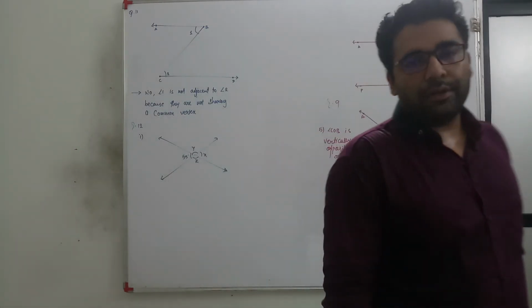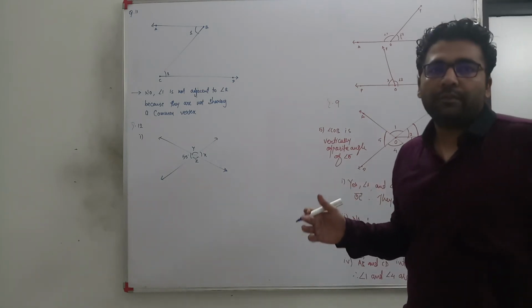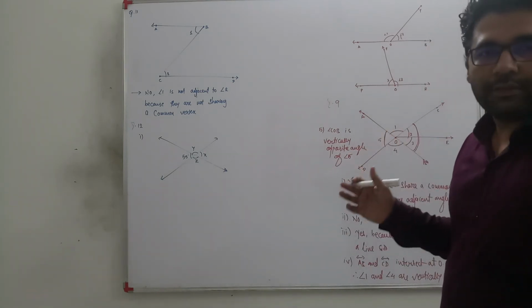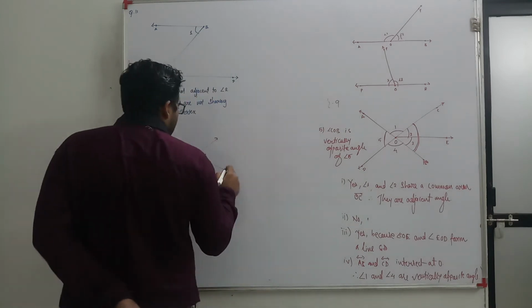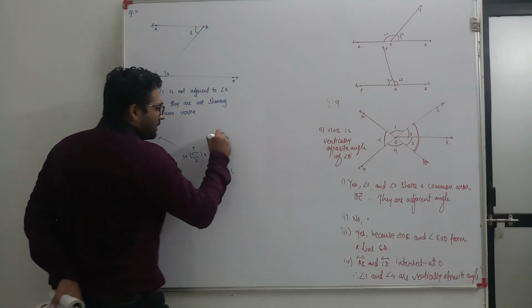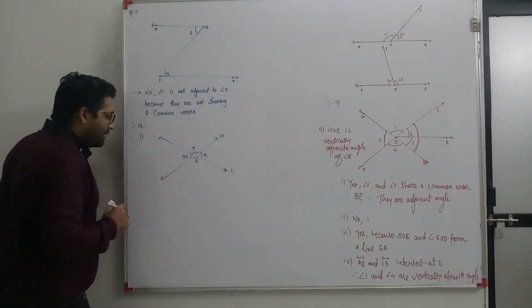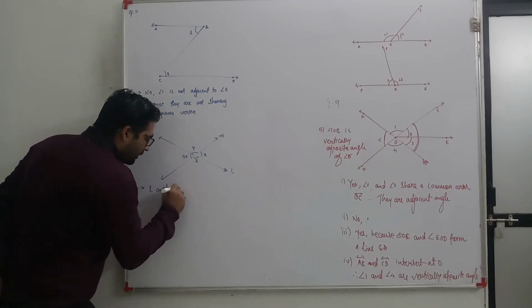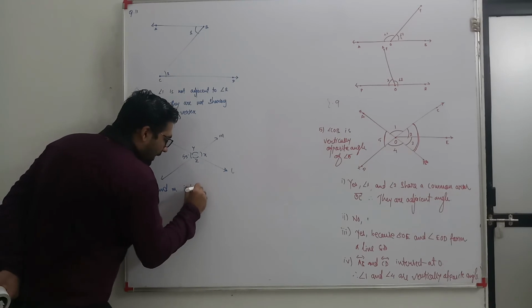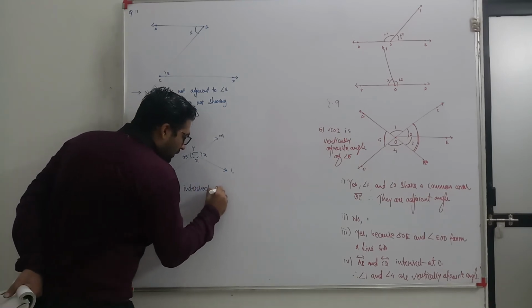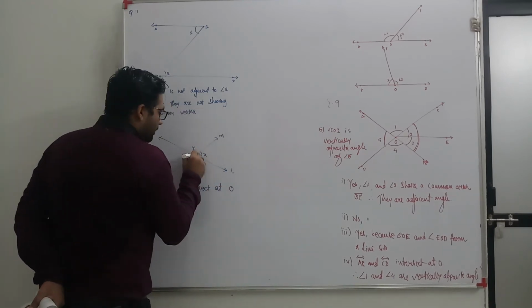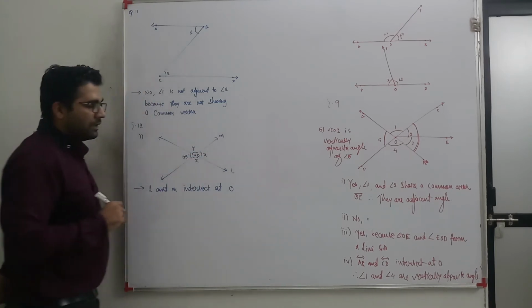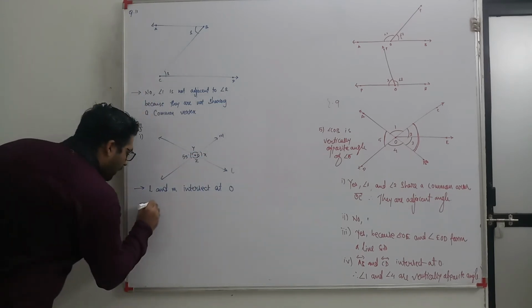By using the properties of the line, I can find x, y, z. Here I am taking this one as line L and this one as line M. So L and M intersect at O. This is where they are intersecting, that is at O.